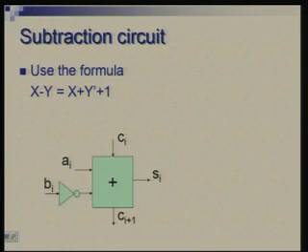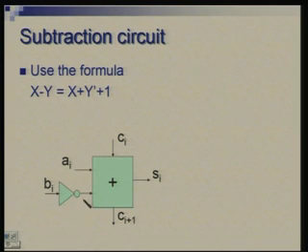So to get 1's complement of y, you simply need to put an inverter for the second operand. We had A and B as our operands. So Bi is inverted before making it as input to the adder. That takes care of doing x plus y prime, or adding 1's complement of y to x.